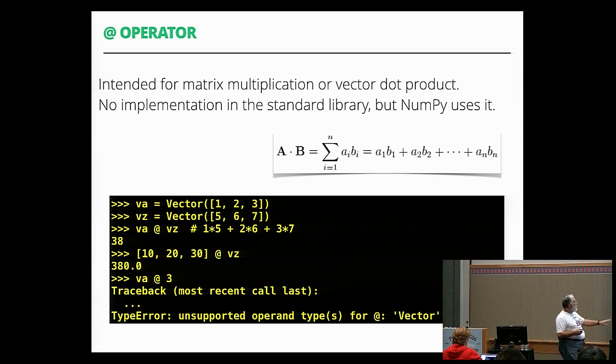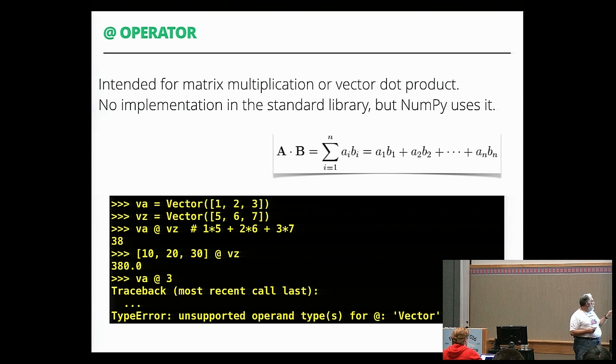In this case, I have two vectors, and when I multiply them like that, this is the result that I want. So 1 times 5 plus 2 times 6 plus 3 times 7, and the sum of all of that is 38.